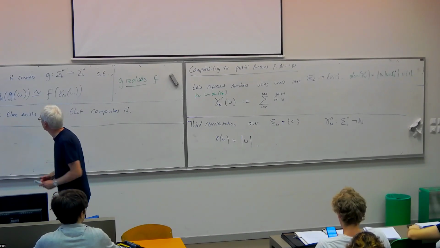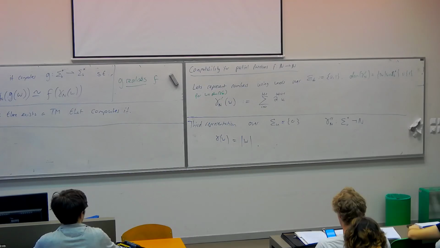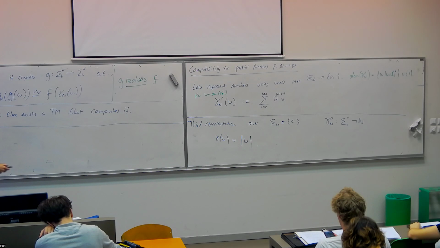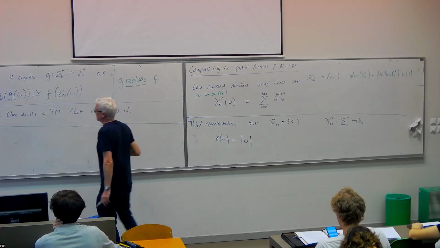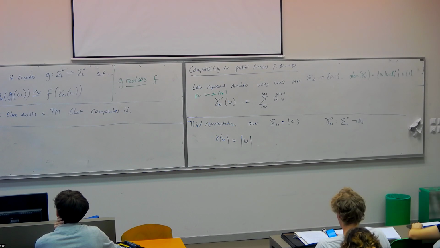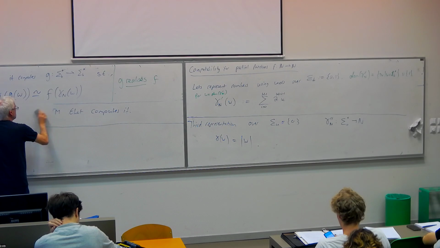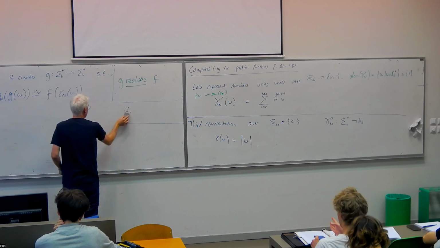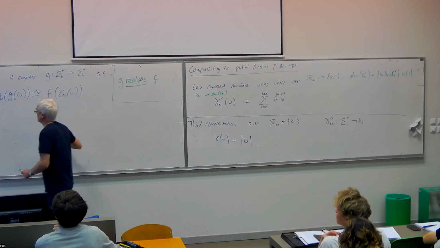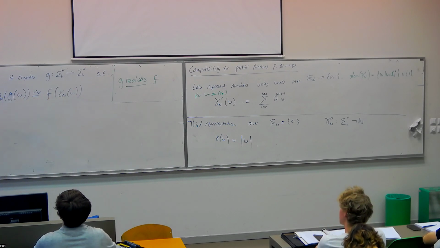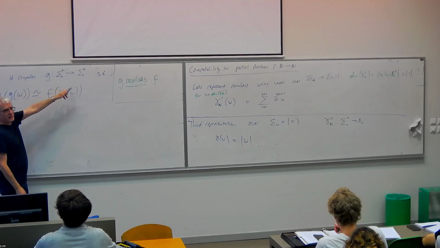So this is an alternative definition of what it means for a machine to compute, if we were using the second representation, the one with no leading zeros. So for that, we want G to correctly implement F.